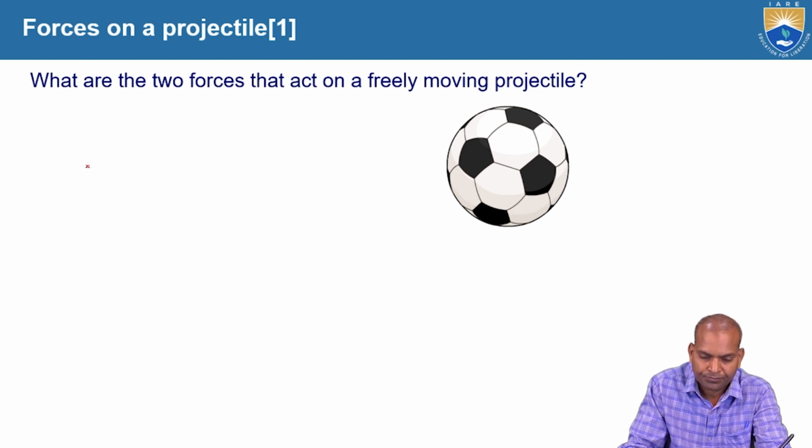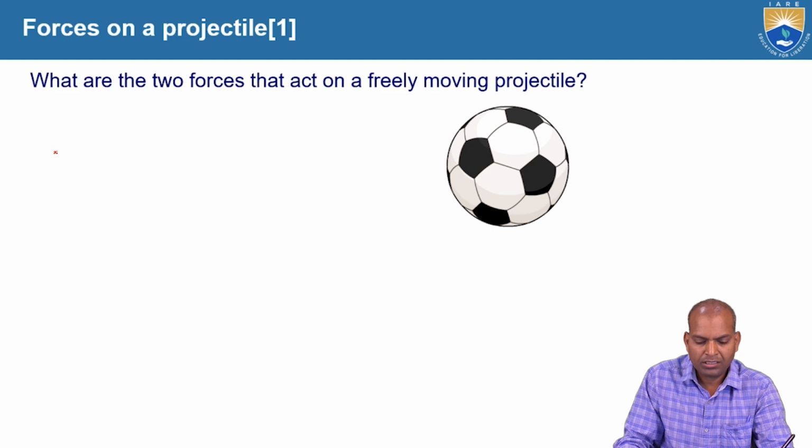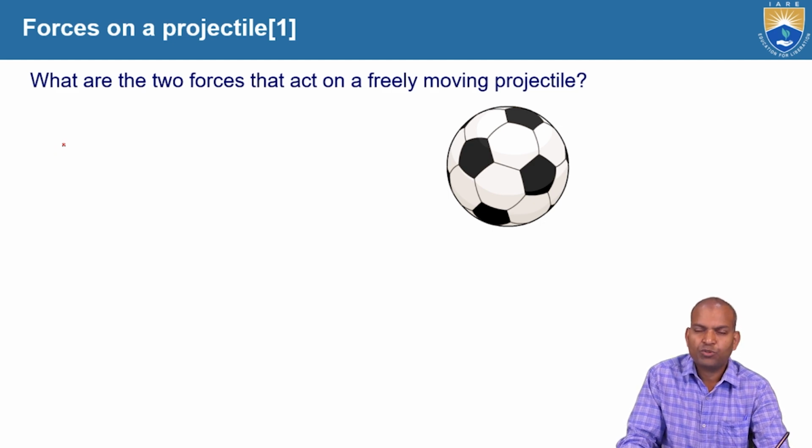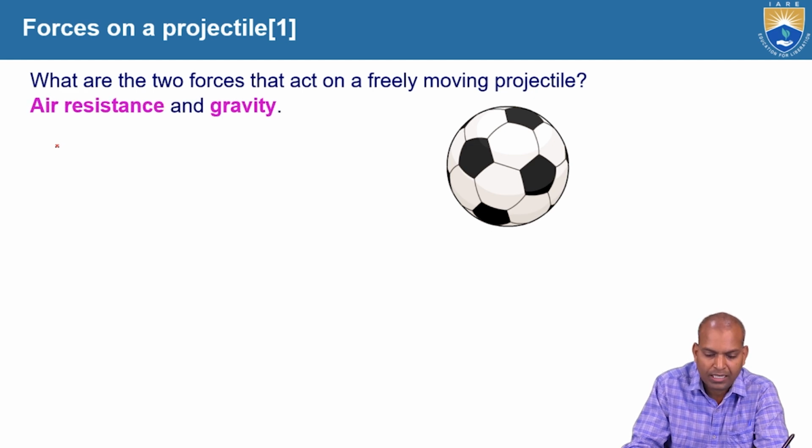Now, what are the forces on a projectile? Especially, there are two forces acting on a freely moving projectile. Number one is air resistance, and another one is gravitational force.